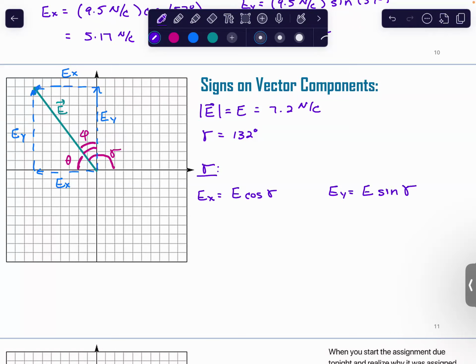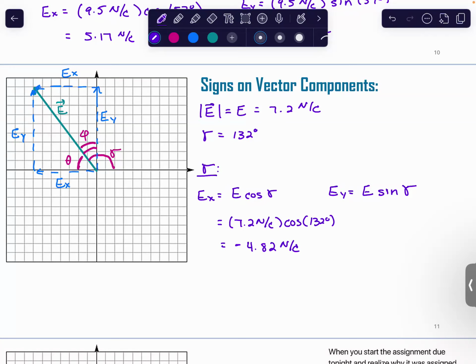Since we have that angle from the positive x-axis, we can just go ahead and use the standardized equations. So your EX is going to be... now you notice here using that gamma, I automatically got the correct sign on the X component.